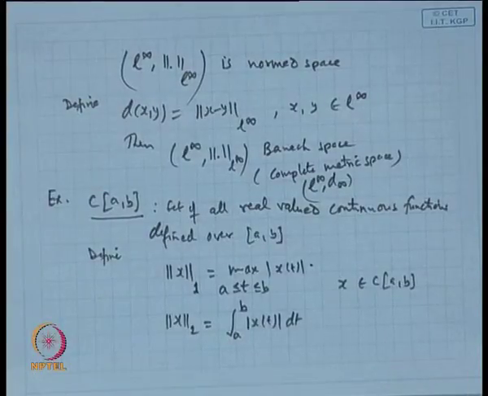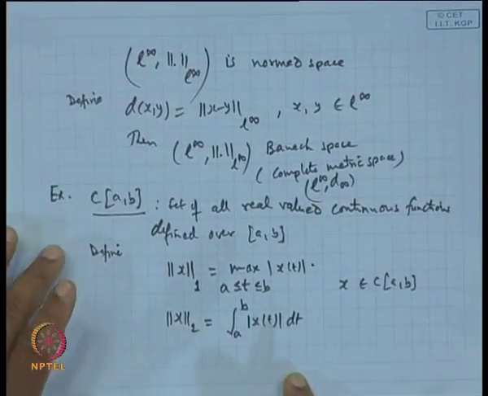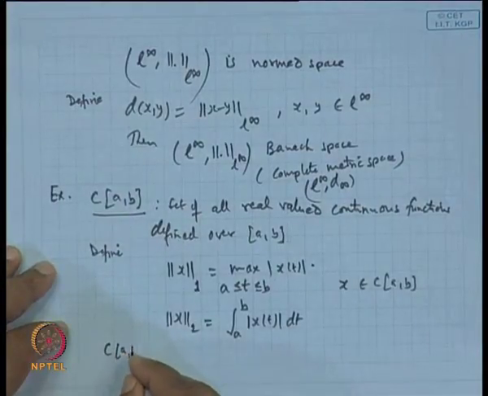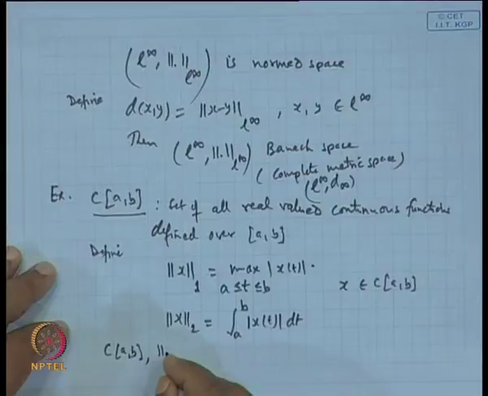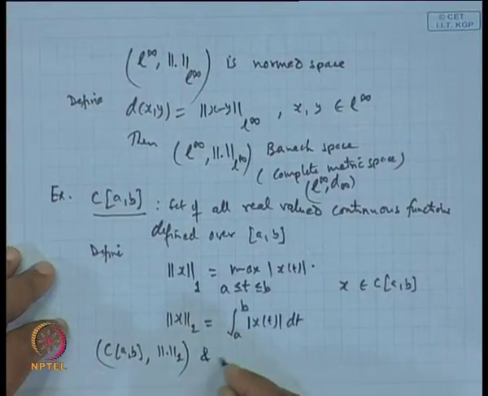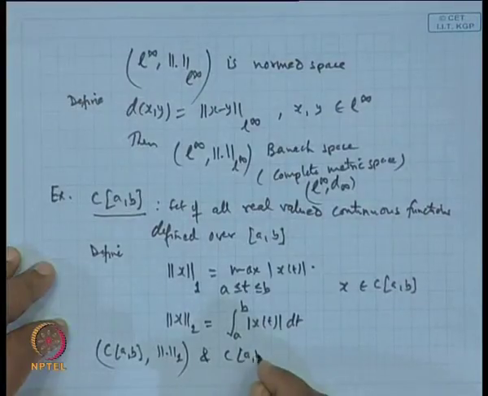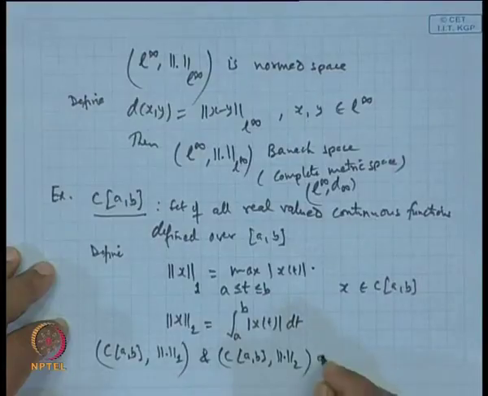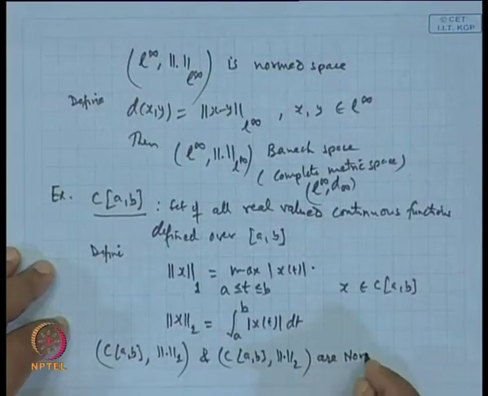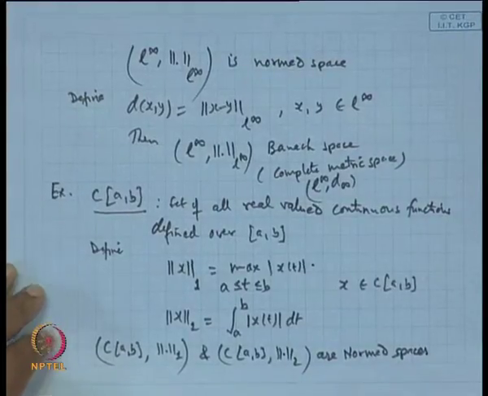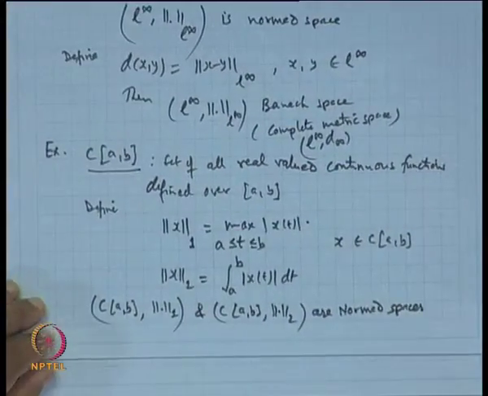Now, both of these form a norm, so C[a,b] under this and C[a,b] under that are normed spaces. That one can verify without any problem.